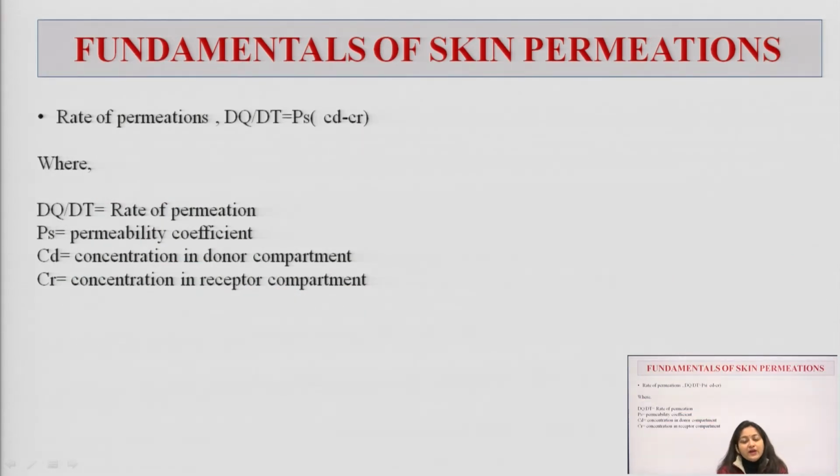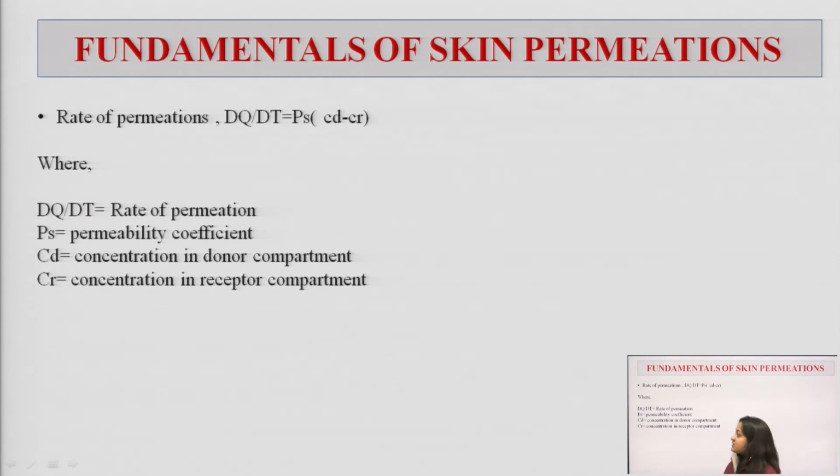Now, when we are dealing with the fundamentals of skin permeation, it is important for us to understand the equation for the rate of permeation. Rate is nothing but how much happens in a particular time.